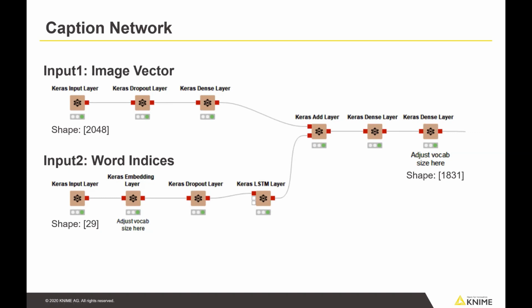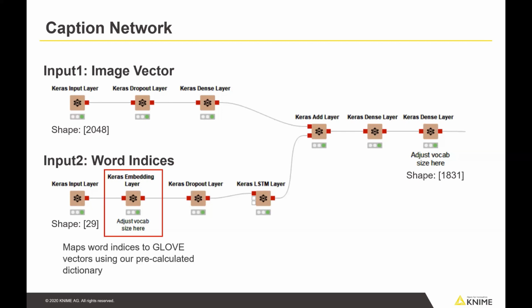Next, a very interesting part is the Keras embedding layer. This can be viewed as kind of the feature extractor for text. This embedding layer would also create a word embedding. But as I said, because we don't want to learn a new word embedding, we want to use a pre-trained one, we can use a trick.